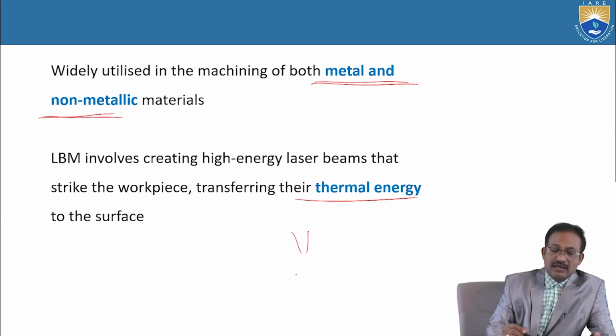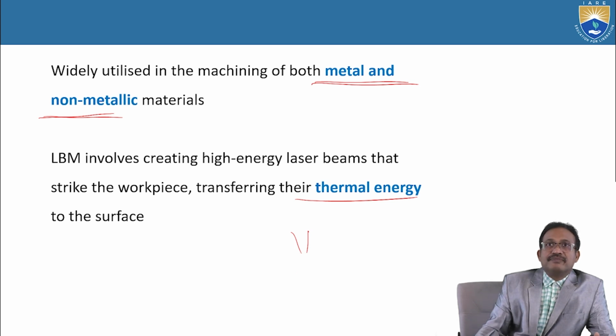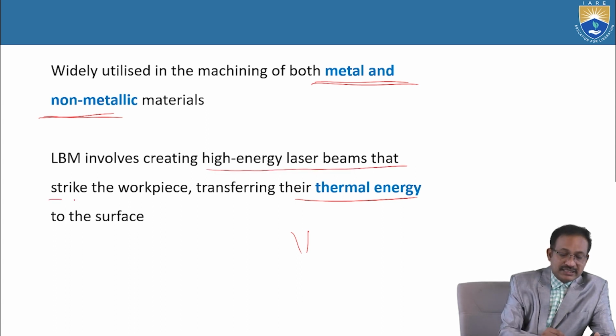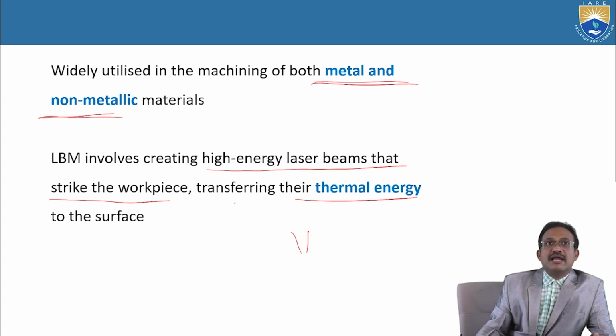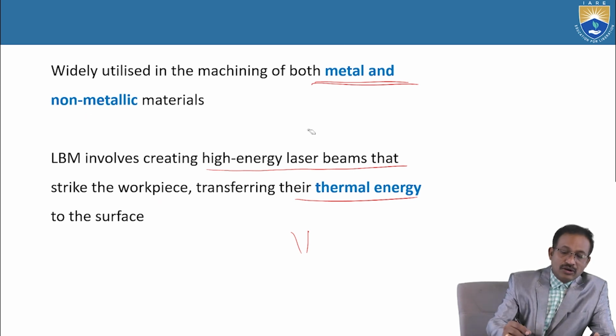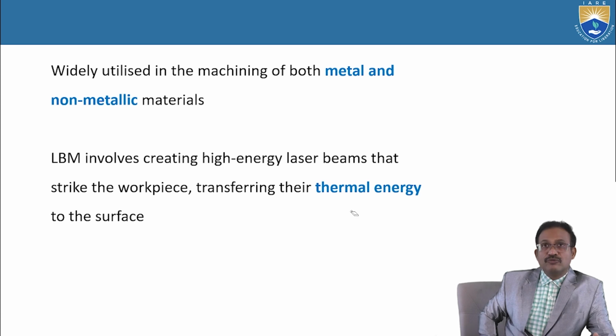When the high intensity laser beam reaches the workpiece, thermal energy is created, and subsequently the workpiece melts and vaporizes, so material removal takes place. However, we will discuss the material removal mechanism in detail.